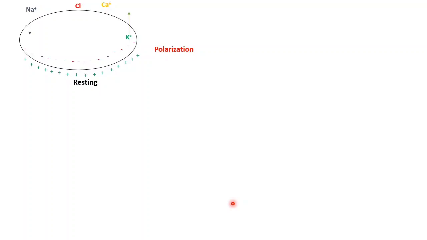Okay, there is polarization, and this is the status of the cell in the resting state when there is no action. Okay, so now let's have a look at what happens in this cell which is in resting state when there is an action.